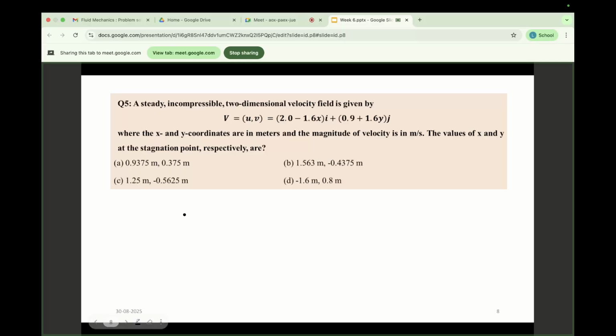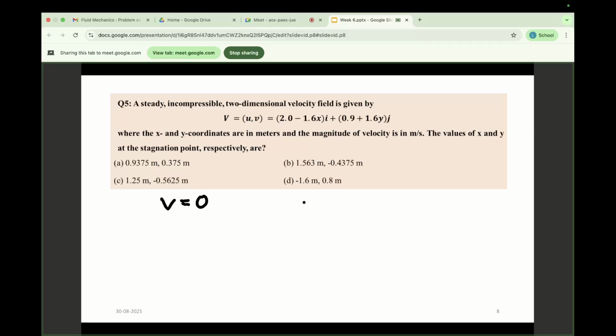What exactly is the stagnation point? As I have discussed in the earlier class, the stagnation point basically represents that V should be 0. This V is represented in terms of a vector where the x component is this one, right?